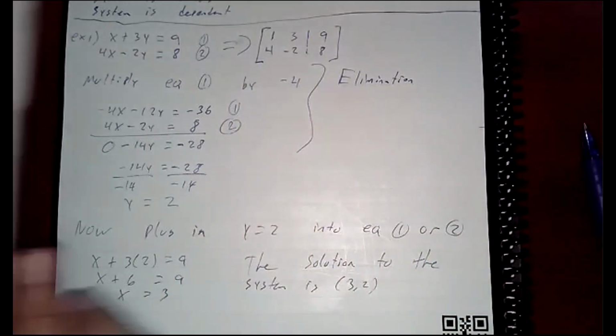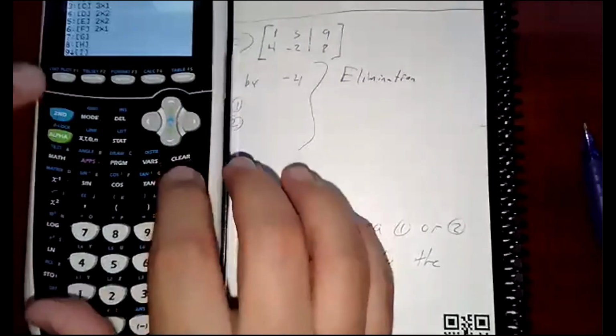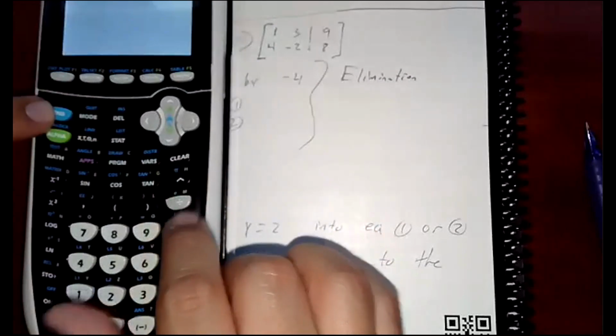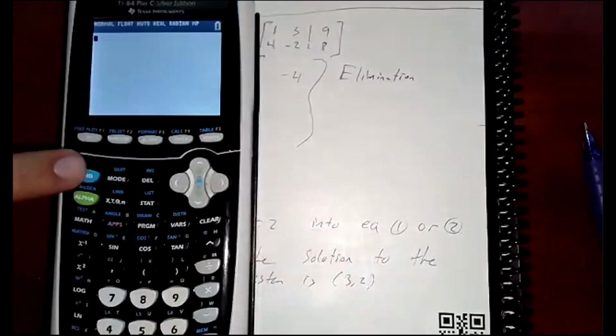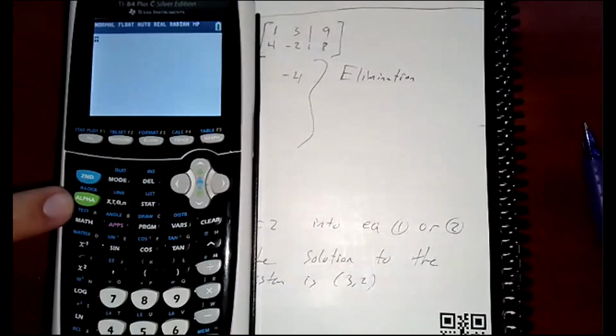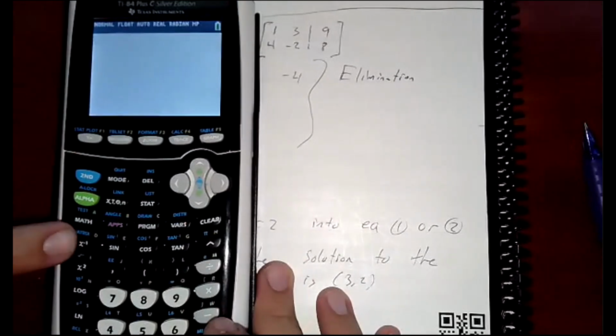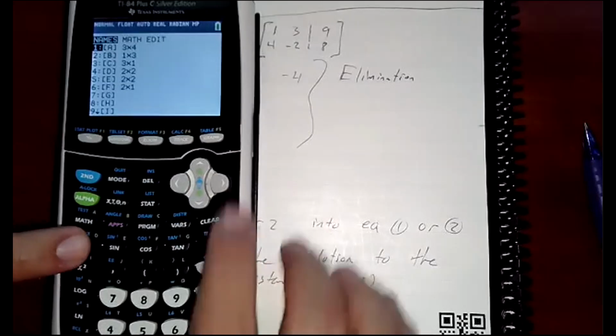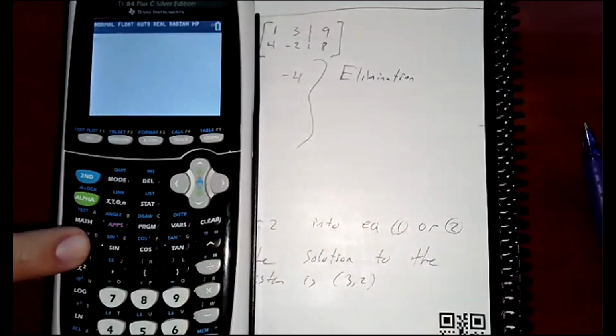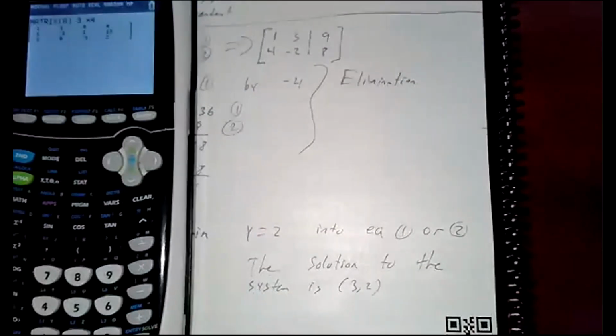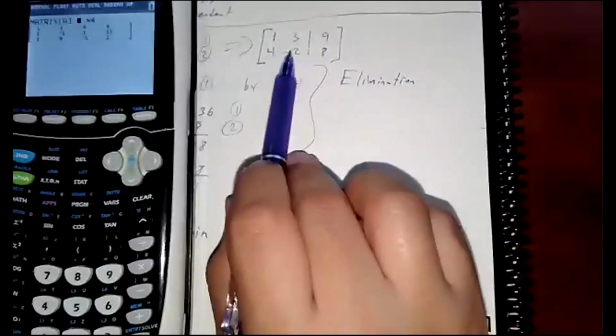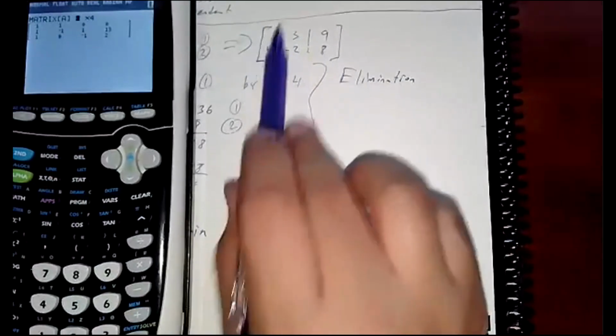So what you can do is put it into your machine by going to second, and then go to x inverse. There's a little matrix up there. Once you're in there, you choose the dimensions, and you have to decide what the dimension of this matrix is. It's always row by column.